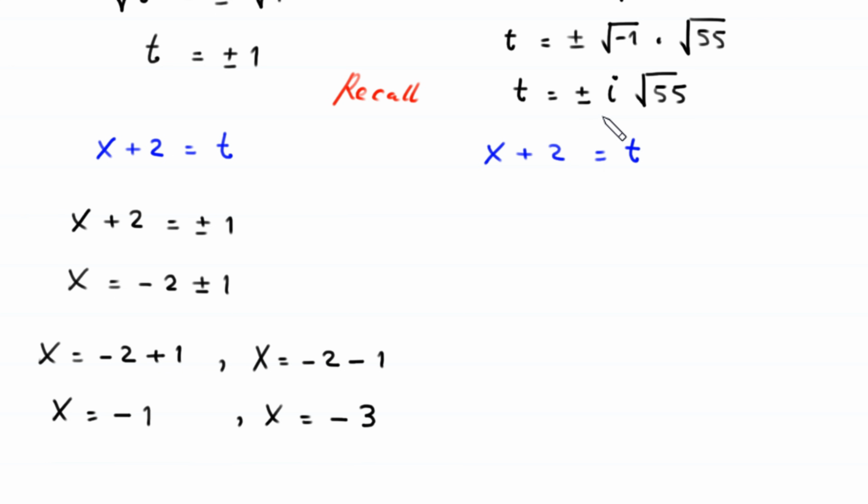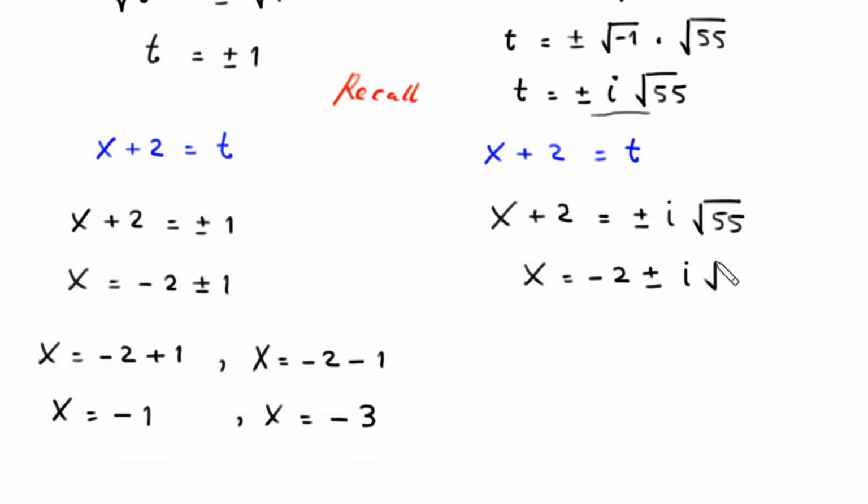And when t is plus minus i times root 55, then this will become x plus 2 is equal to plus minus i times root 55. Move this 2 to the right hand side, this will become x is equal to negative 2 plus minus i times root 55.